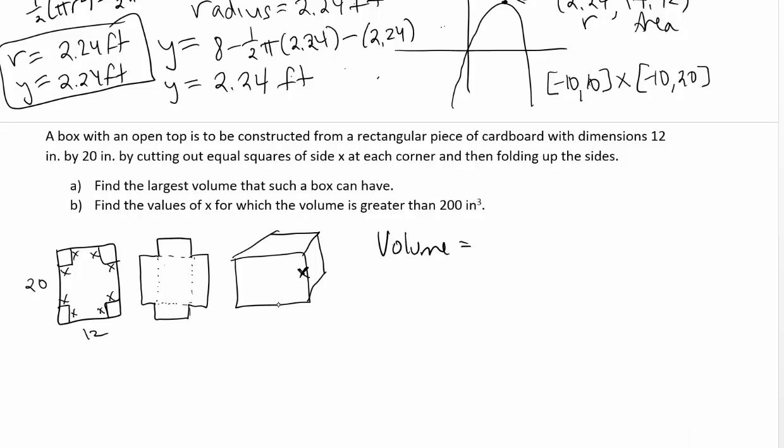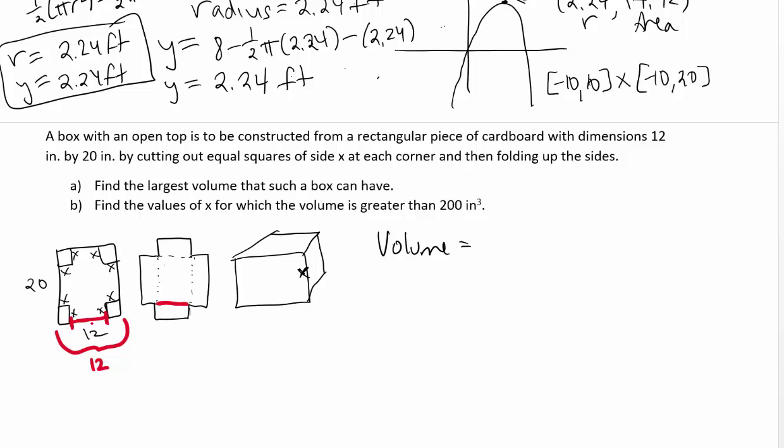Now for the length over here, the length comes from this length right here. Okay? And that comes from this distance from here to here. So how could we figure out what that is in terms of x? Well, we know this whole length from here to here is 12, and we're cutting away an x and an x.